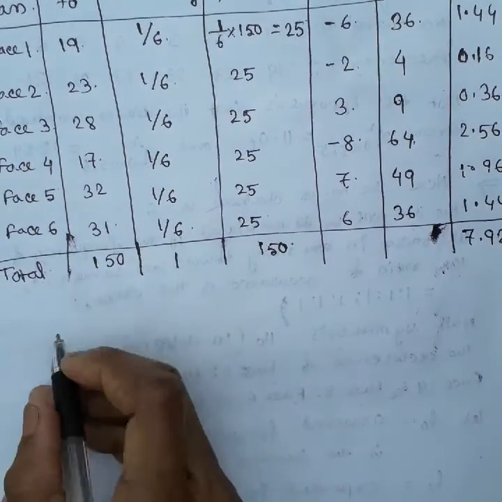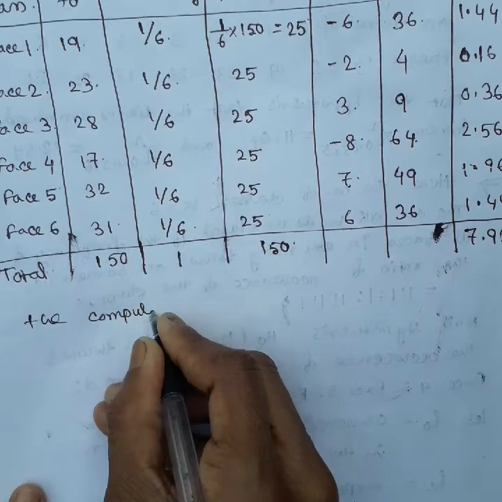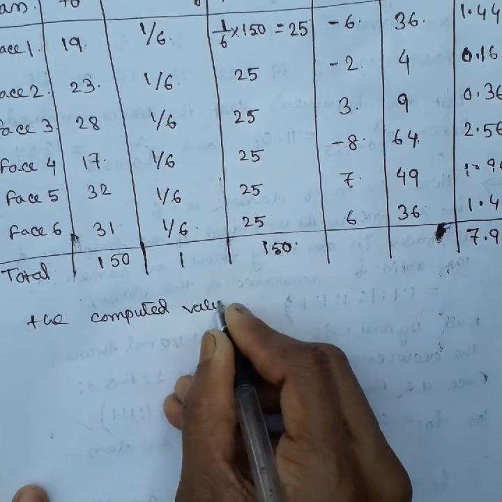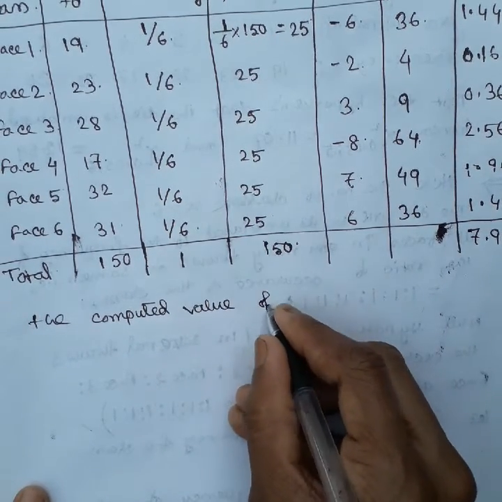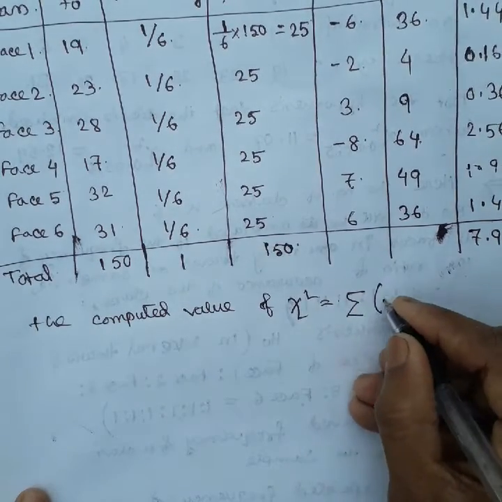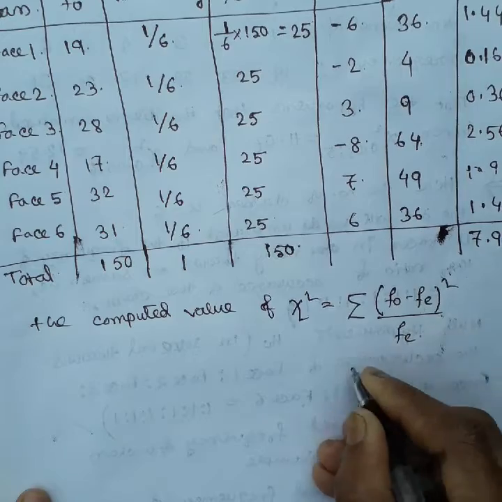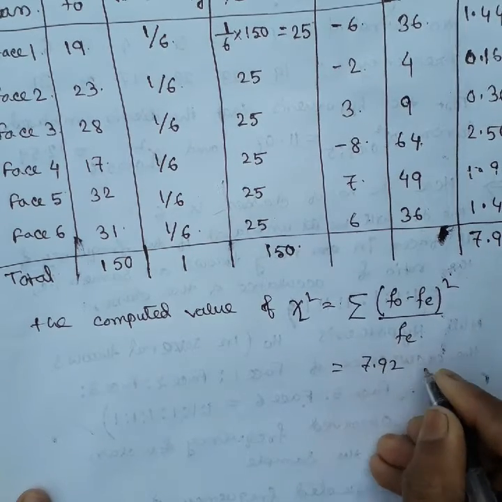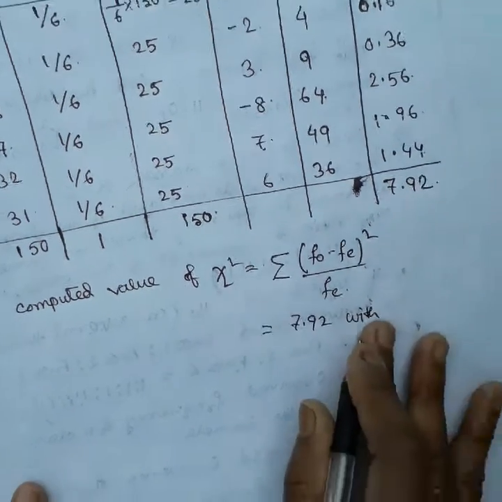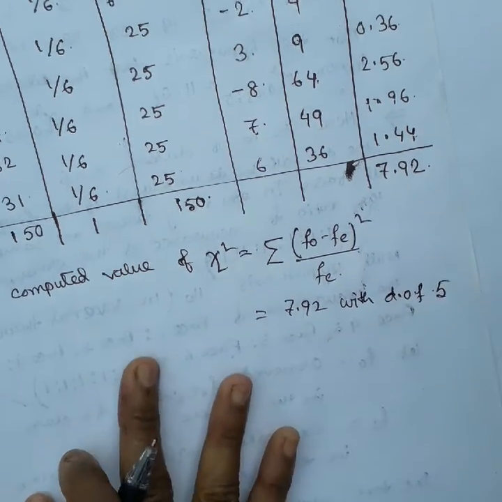Okay, so the computed value of chi-square is equal to summation of (FO minus FE) whole square by FE, which is equal to 7.92 with DOF, that is degrees of freedom, 5.